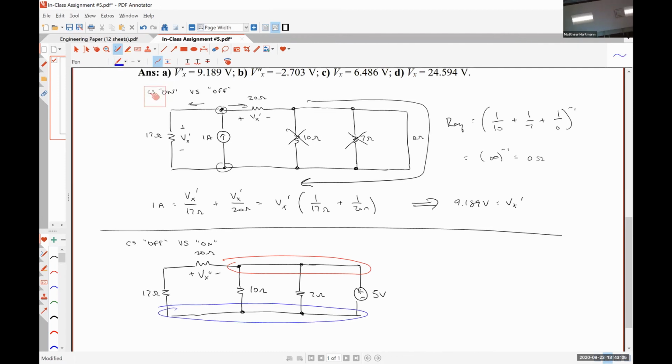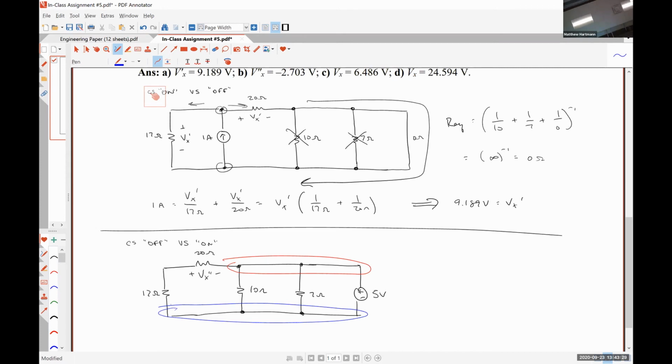And we have this bottom node. And we know that the potential difference between the top node in red and the bottom node in blue is exactly 5 volts. If we combine those resistors, we still know that the potential difference between the top node in red and the bottom node in blue is 5 volts. That doesn't give us any useful information.